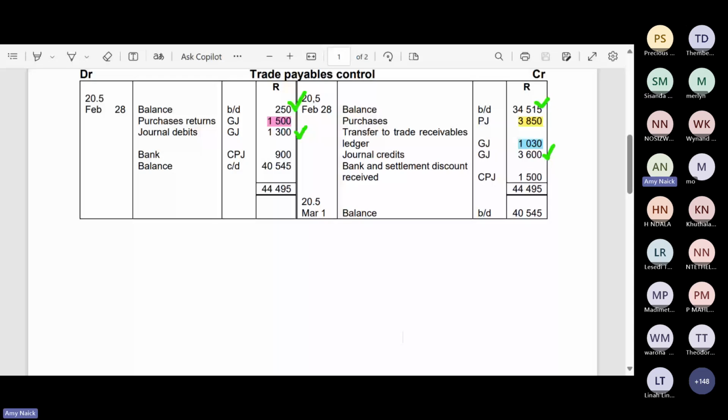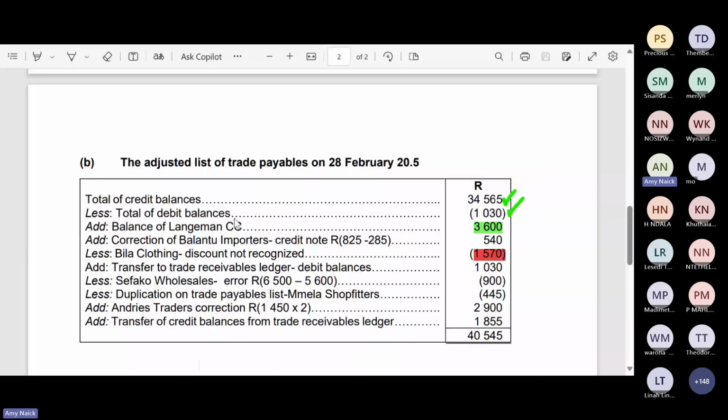Okay, cool. Because we overpaid, the only way to correct it from a payable perspective is to increase the creditor, and increasing a trade payable account is an increase on the credit side. So there's the 1,030 rands increasing the creditor. Then in the listing itself, the scenario said they're transferring it to the trade receivables ledger, and they've agreed to this. So you see it coming through here.